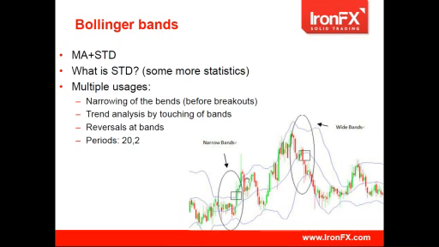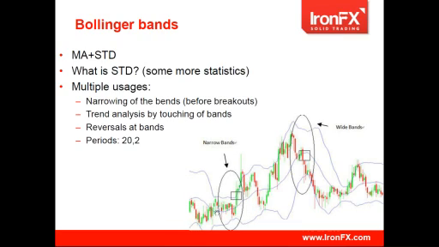Others say another interpretation is like this: if the close prices are above or below the bands, then it's a very strong momentum to that side. So if it's the upper band, it's a very strong bullish momentum which we think should continue. And after that, when it starts falling back, we should see the price fall back to the statistical mean, which in this case is the simple moving average.